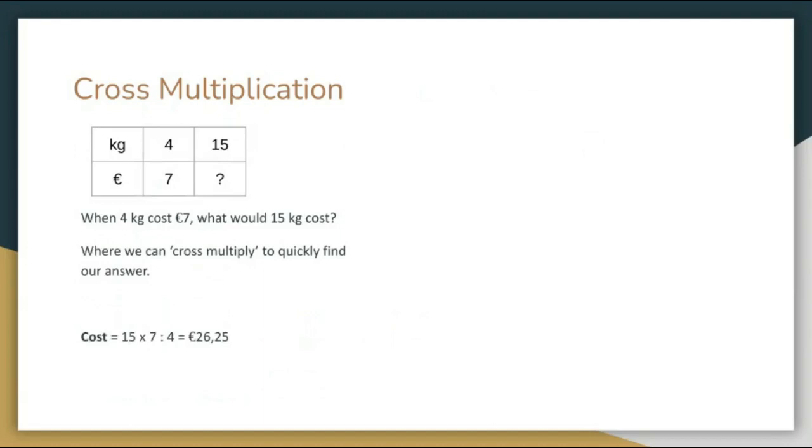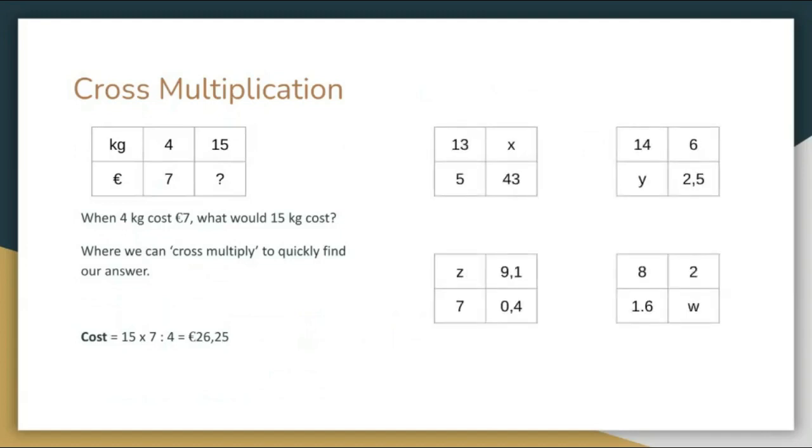Easy, right? So here are a couple more to help you get the feel for cross multiplications. No kilograms or euros this time, just plain numbers and the letter I want you to find. To find x, multiply 43 and 13 and divide it by 5. Our answer is 111.8.